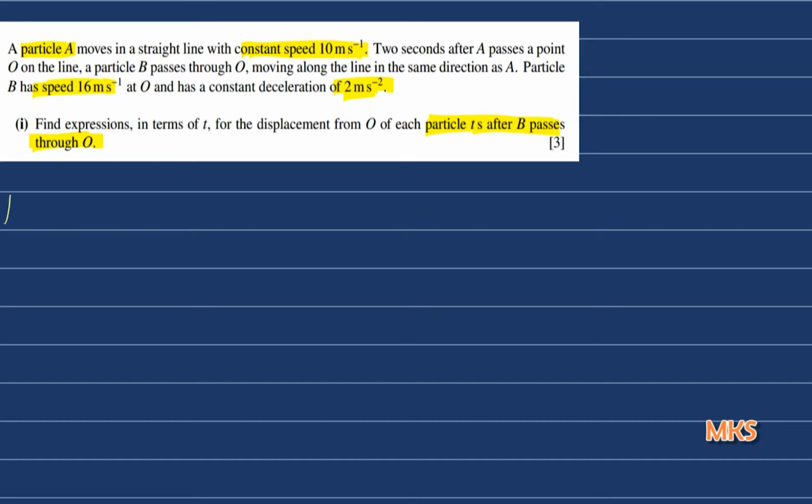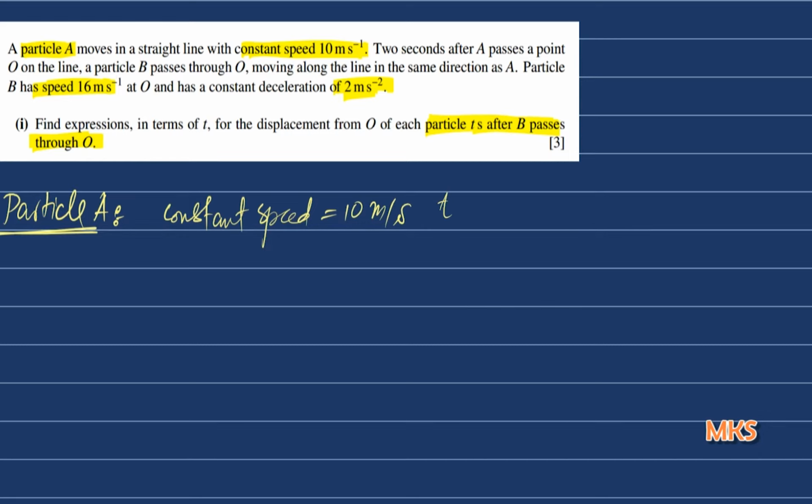So first we talk about particle A. Now for particle A, there is a constant speed, and the constant speed is 10 meter per second.